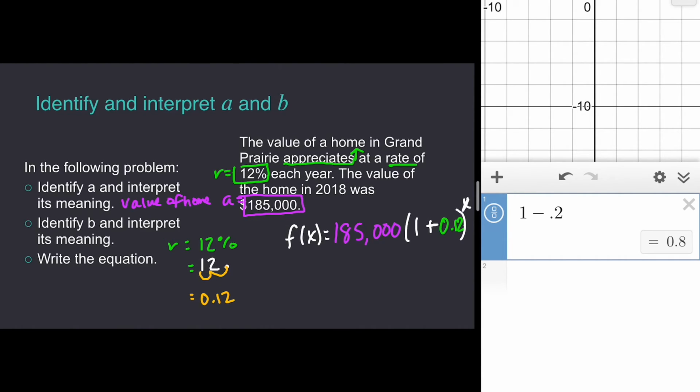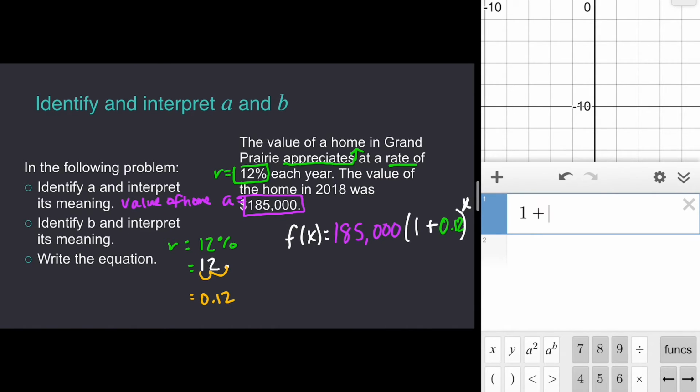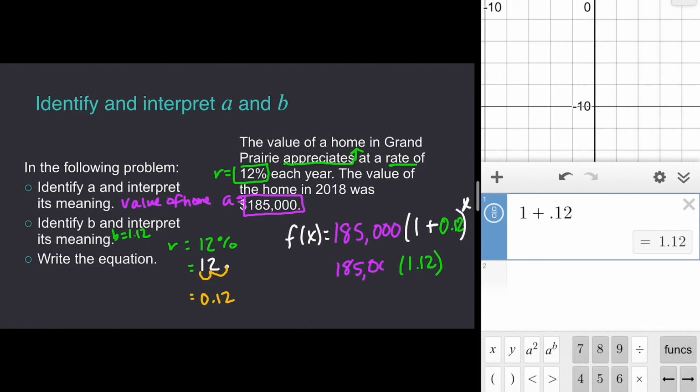So we're going to do 1 plus 0.12 and get 1.12. So B is 1.12. And it's how much the value is increasing by. So it's increasing by 12%. And that's our equation. Perfect.